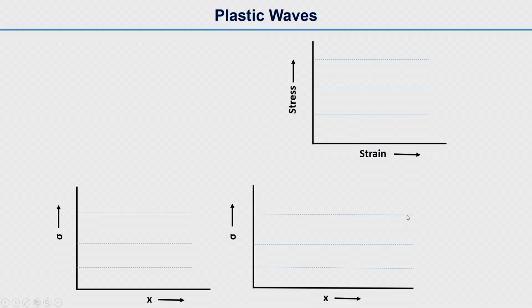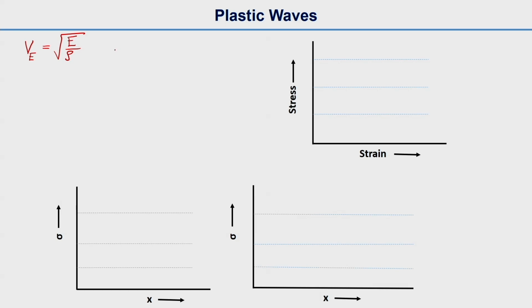Now, if we compare this plastic wave velocity with our elastic wave velocity, which we discussed in earlier lectures, we know that the elastic wave velocity is the square root of the ratio of E by rho.